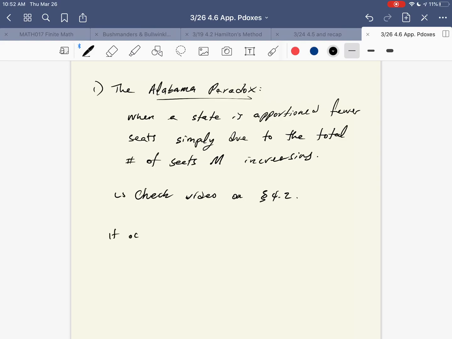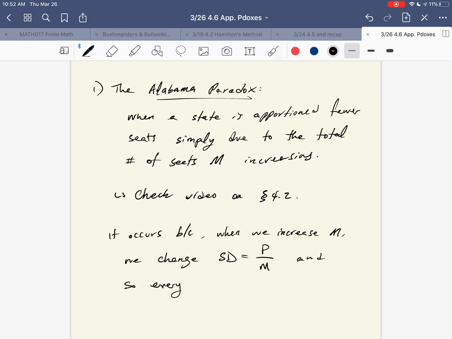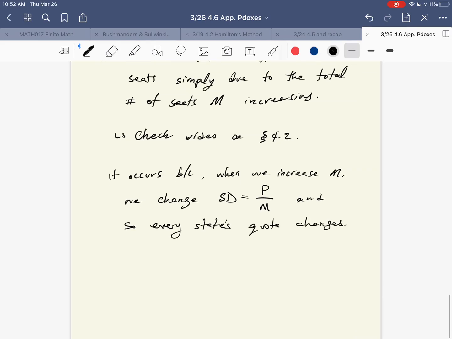Why does this occur? It occurs because when we increase M, we change the standard divisor. SD equals P over M. And so every state's quota changes. Okay.